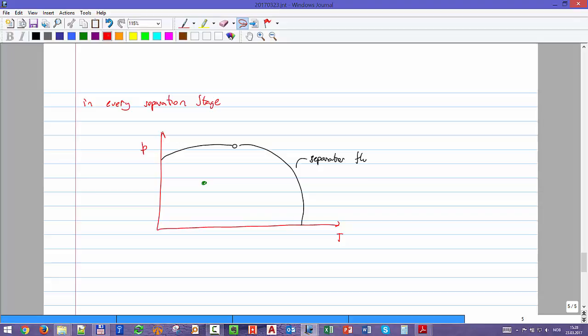It generates two fluids. It's not exactly like that, but it's very close. One fluid is the separator oil, exactly what comes out of my separator. That will be 1, that will be 2, and 3 will be some gas.